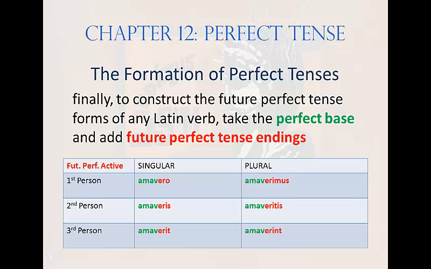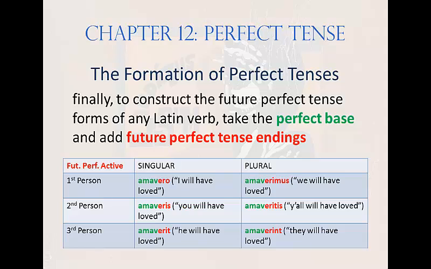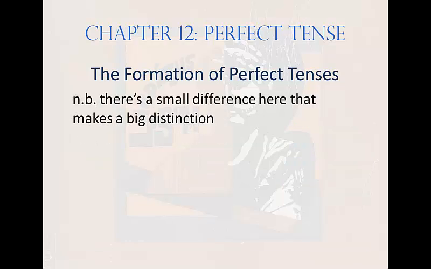So the future perfect of the verb amo would be amavero, amaveris, amaverit, and so on. These future perfect forms in Latin are the equivalent of adding will have to a verb in English. Thus, I will have loved, you will have loved, he will have loved, and so on. Be careful to notice one small difference, just a simple change of vowel that makes a big distinction in grammar.